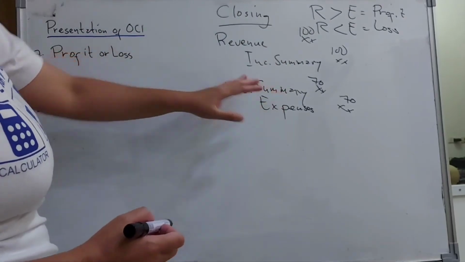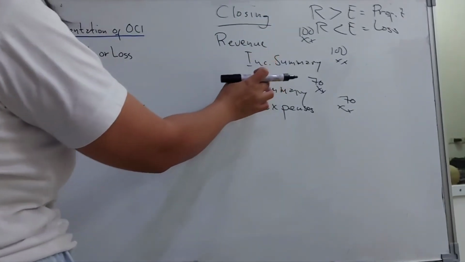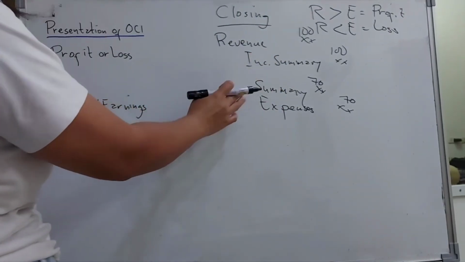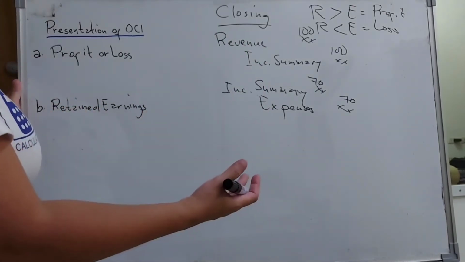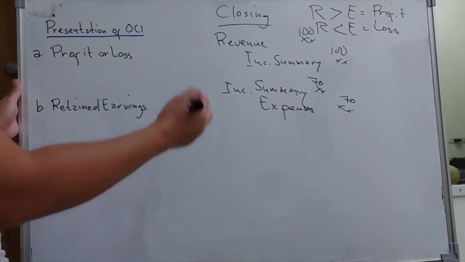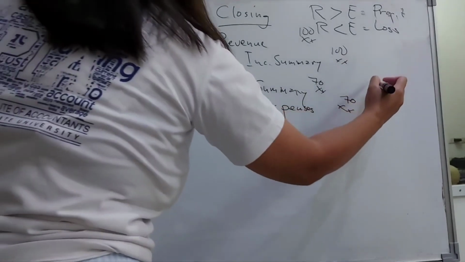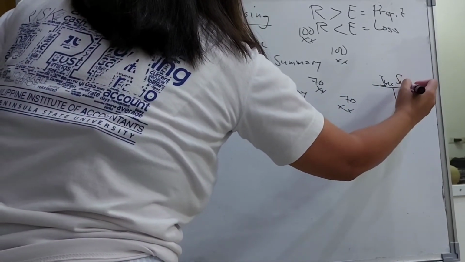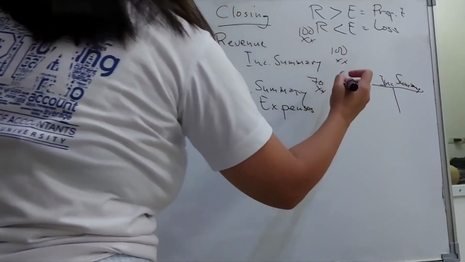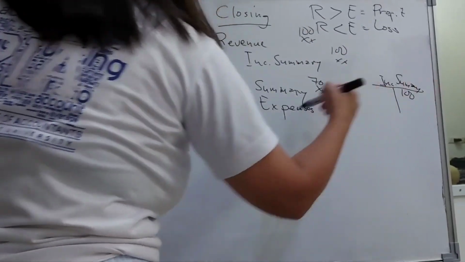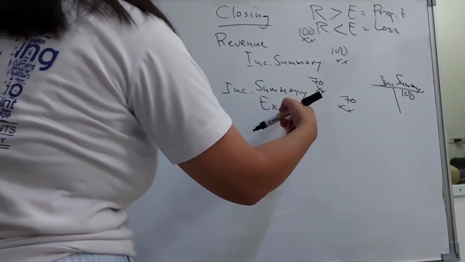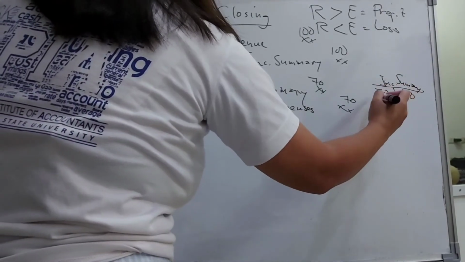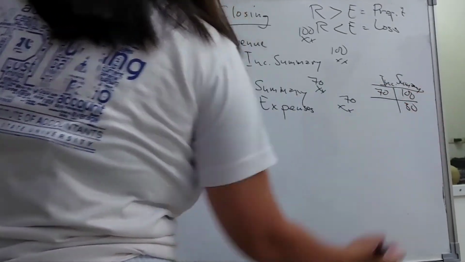So, di ba ito, nilalagay natin kay isang income summary, kinuklose siya, but si income summary, i-close din kay capital. Okay? So, pag kinlose si income summary, pag tinignan nyo yan, nilagay natin yan sa T account. So, income summary mo, so meron kang credit 100, tapos yung income summary mo dito sa expenses ay 70. So, ibig sabihin, meron kang balance of 30 na credit.